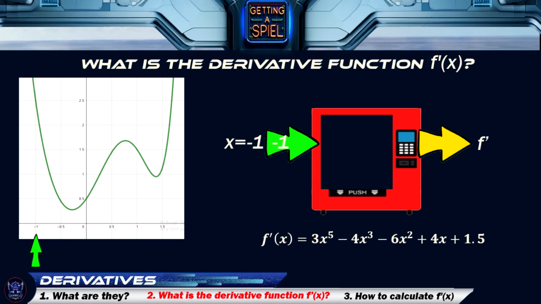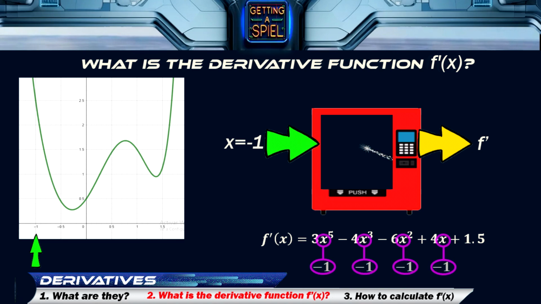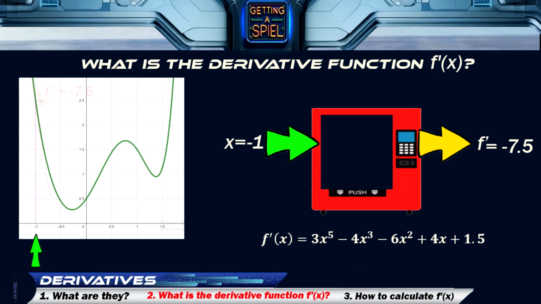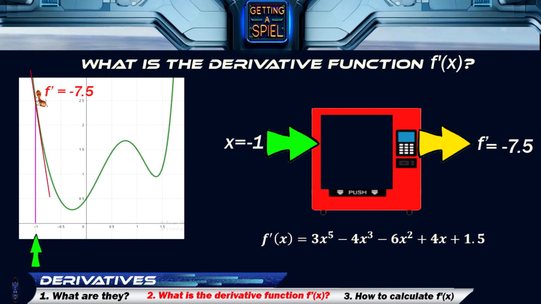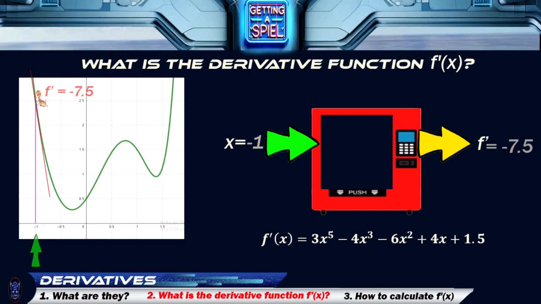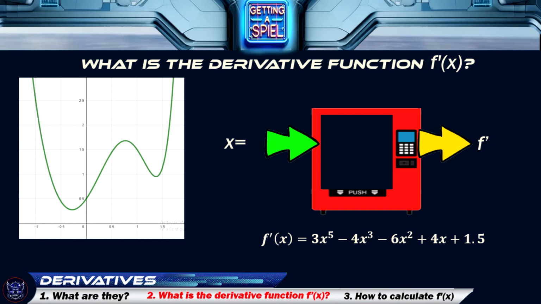Well, if we ask the derivative what its value is at x equals -1, it answers -7.5. The slope of our function at x equals -1 is -7.5. And now that you've recalled the concept of slope, you can imagine that our ant is decreasing, and quite steeply.